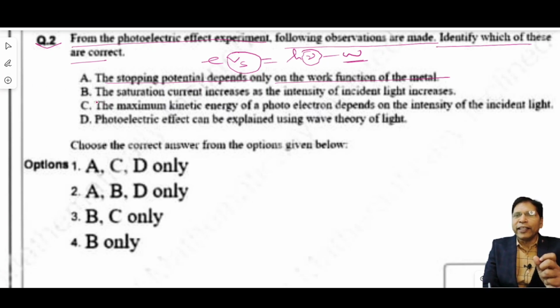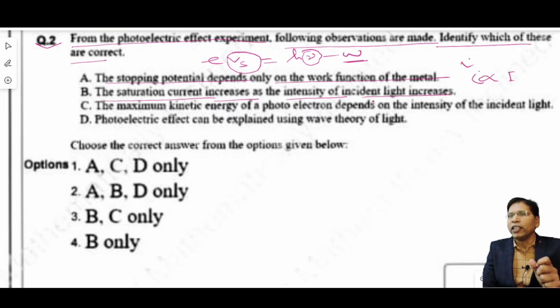Now, option B, the saturation current increases as the intensity of incident light increases. Okay, photoelectric current I is proportional to the intensity of radiation. So, option B is correct. Option C, the maximum kinetic energy of photoelectron depends on the intensity of incident radiation. No, this is not correct.